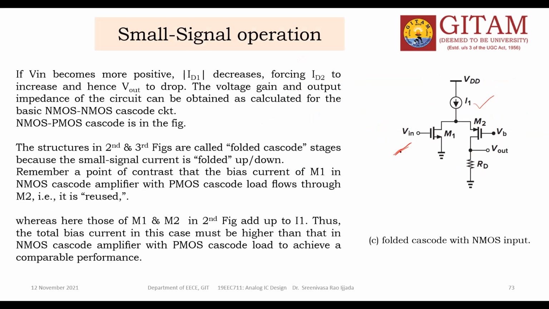More positive means it may go to saturation. Am I correct? ID1 decreases, forcing I2 to increase and hence Vout to drop. Because I2 also increases, Vout is nothing but this potential minus this potential.